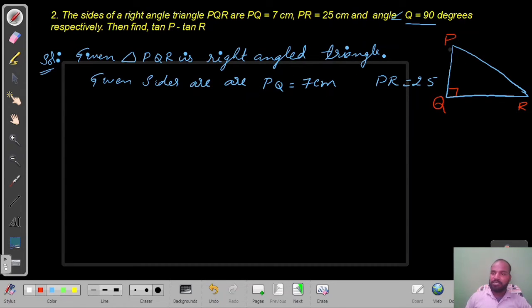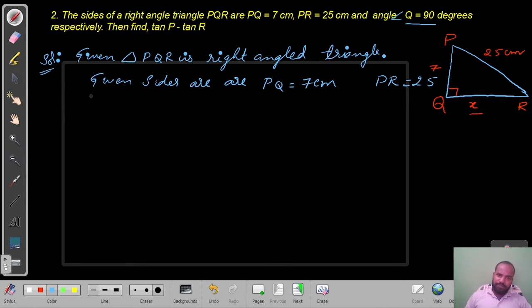PQ is 7 centimeters. PR is 25 centimeters. Now consider QR as X. So the unknown value is X. We need to find this. Now, let's enter into the solution.